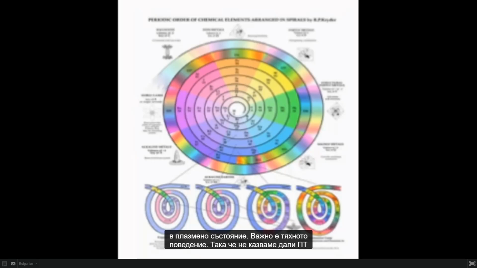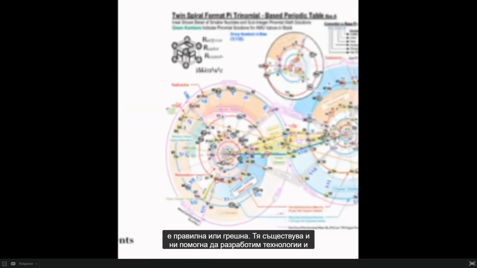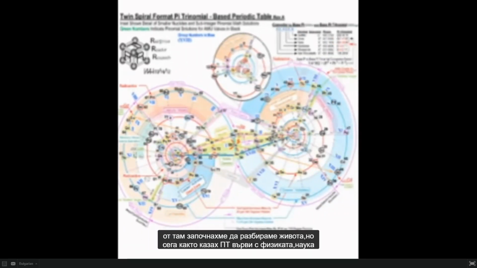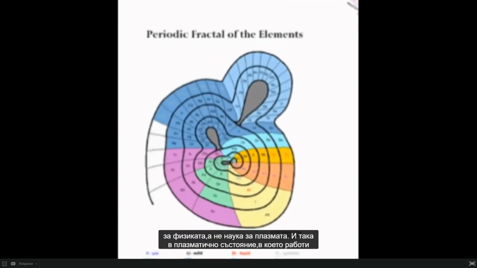So we don't say the periodic table is right or wrong. It's there. It has helped us develop technologies and lifestyle around it, to understand it. But as I said, the periodic table goes with physics, the science of physics, not the science of plasma.